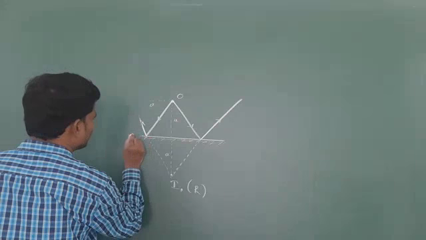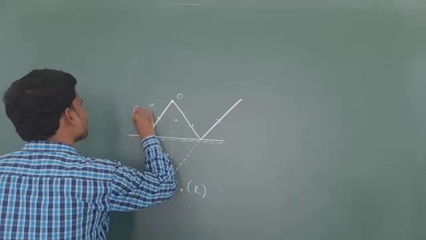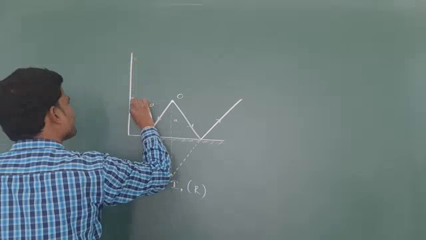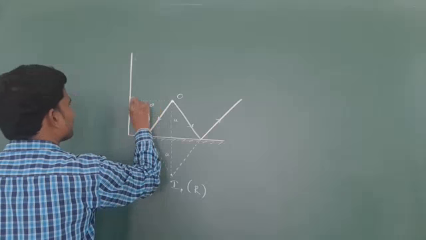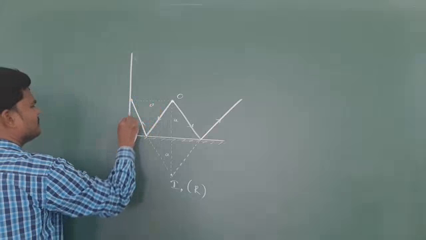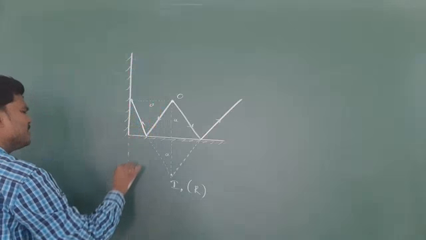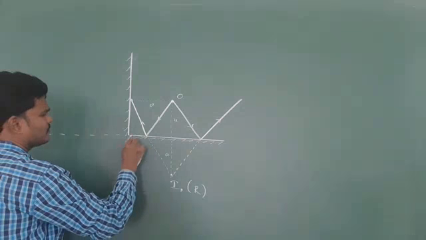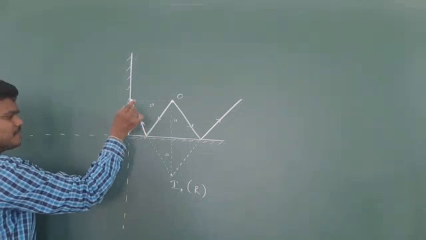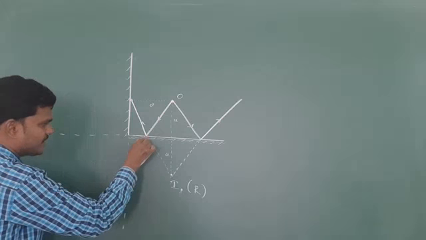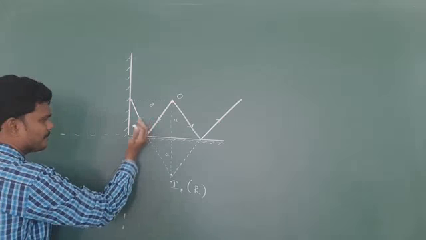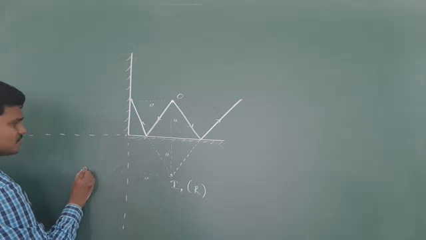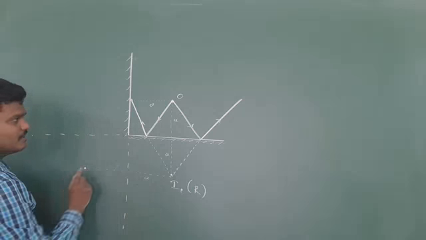Getting the diagram is important. Okay, extend the mirror like this. Clear up to now? Now this light ray also undergoes reflection. And if I extend this light ray, at a distance of A you will get one more image.